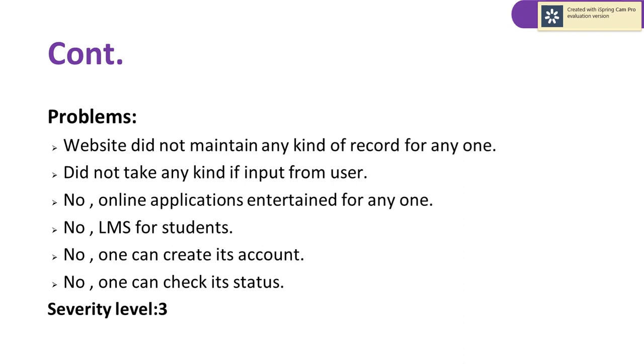No one can check their status. For example, in this website a user cannot apply online. He has to submit his application form in hard copy, and no one can check their admission status, what's going on. So here the severity level is 3, which is a bad thing.